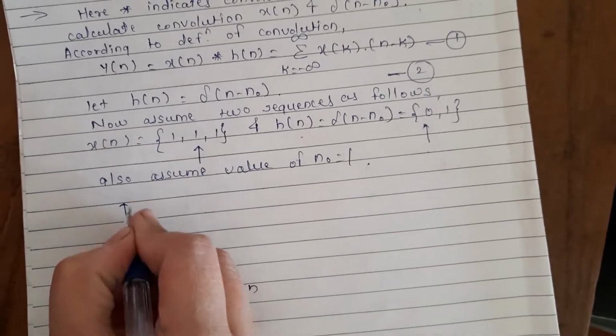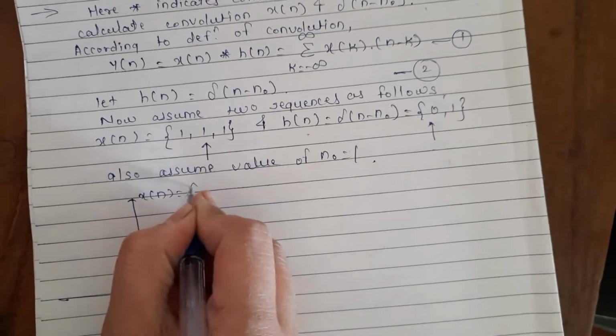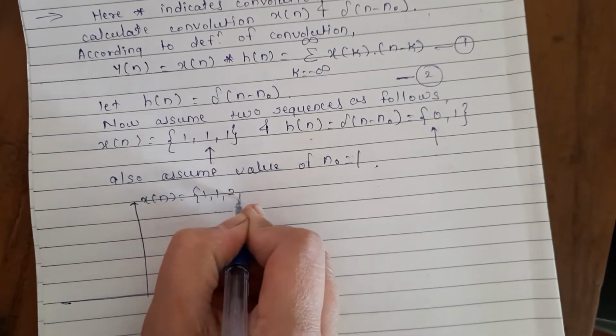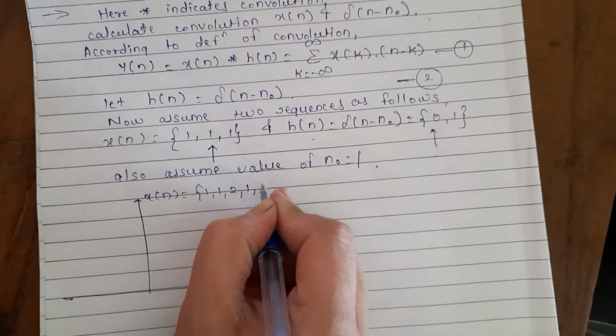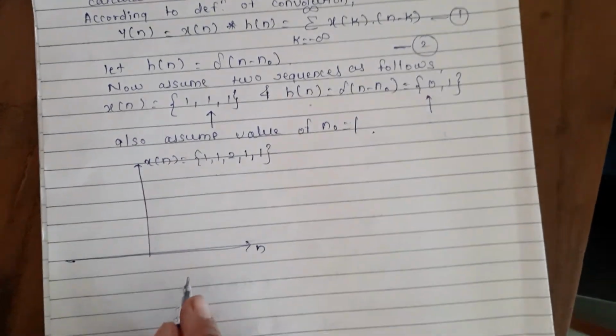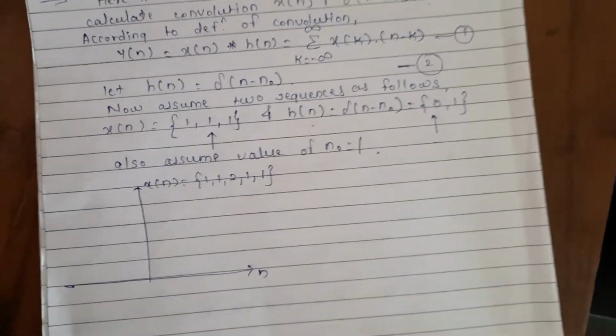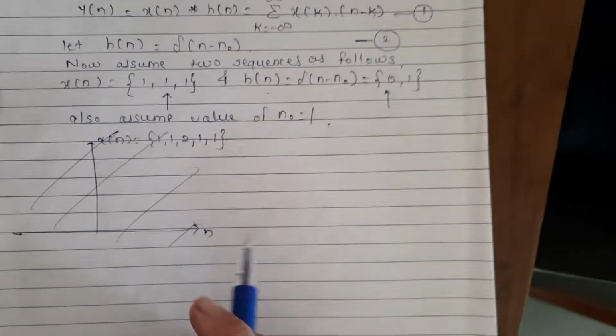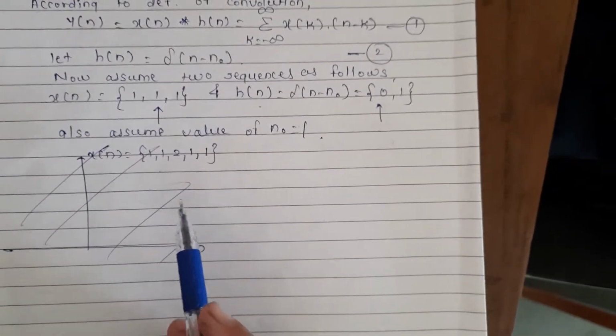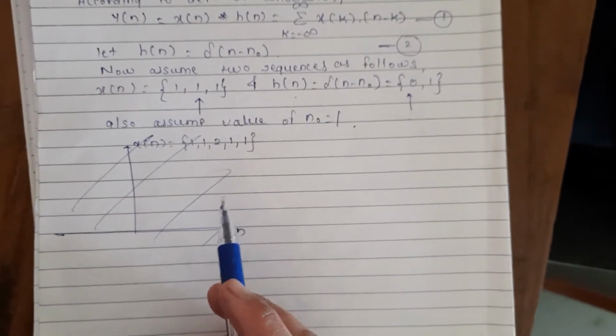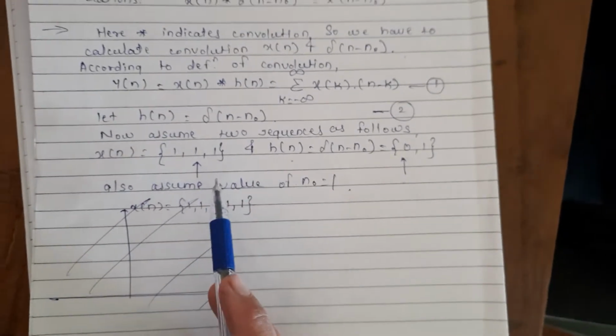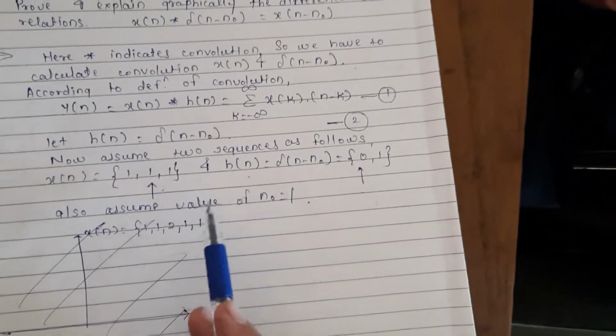Sorry, here the x of n we considered is 1 1 1. So we draw the diagram for this sequence.